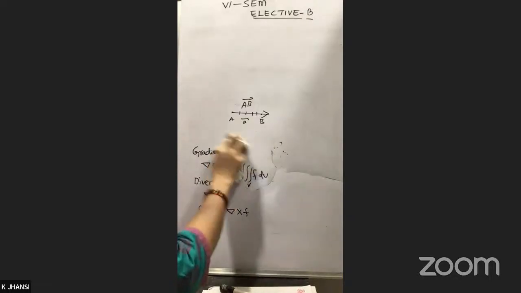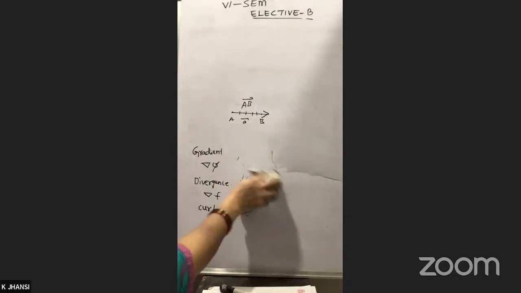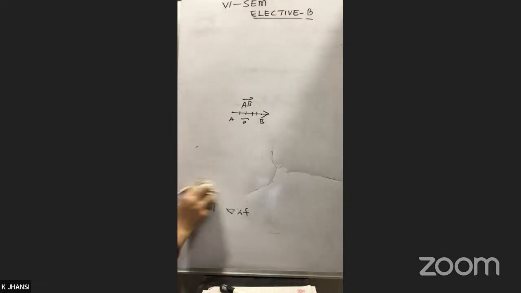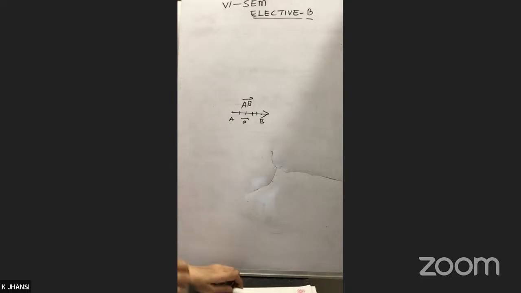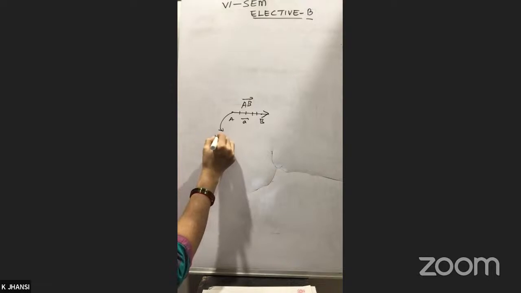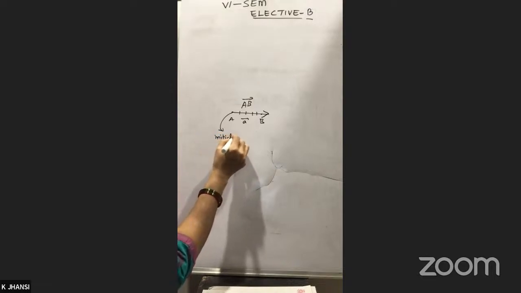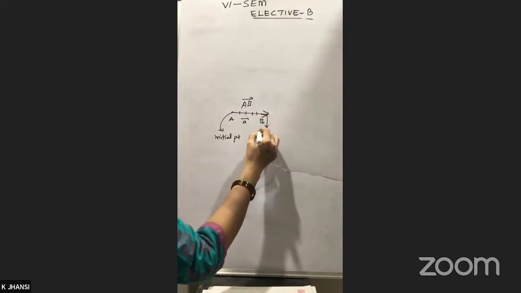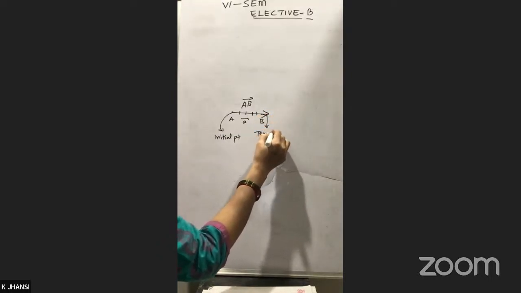So first point is called the initial point and the end point is called the terminal point. Whatever definitions are there in the first unit, they are important for other blocks also. So this is called the initial point, and this is called the terminal point.